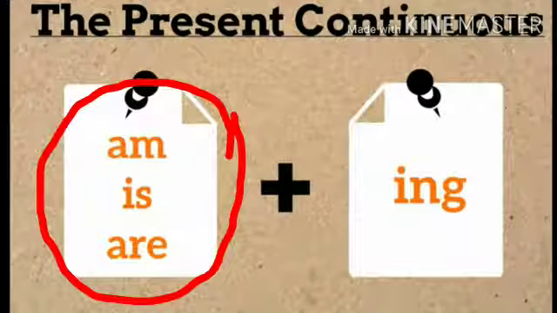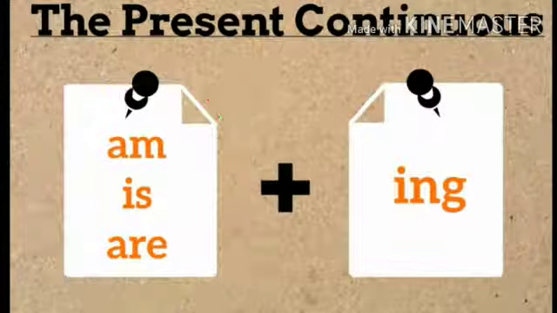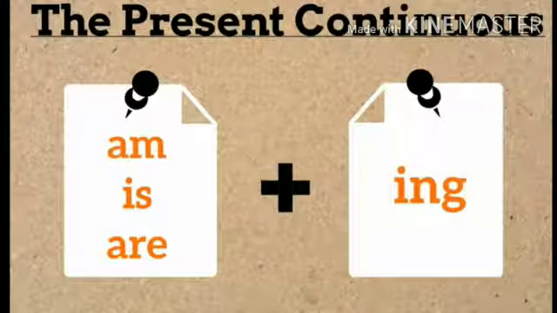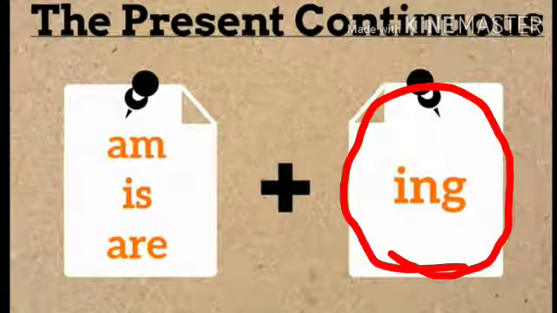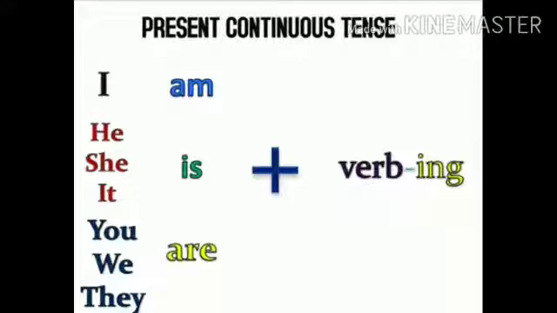Now, in present continuous tense, am, is, are are the helping verbs that we use before the main verb. And what we do? We add ing to the main verb to form the present continuous tense.